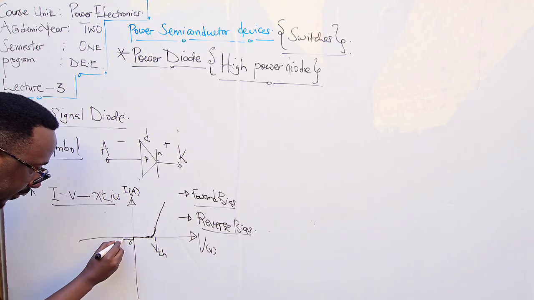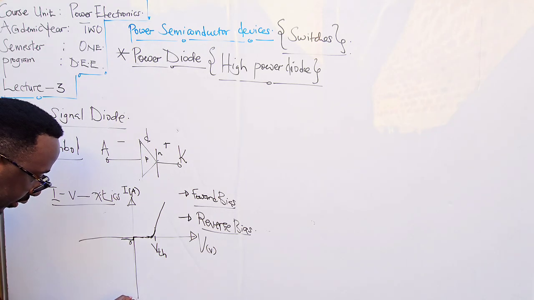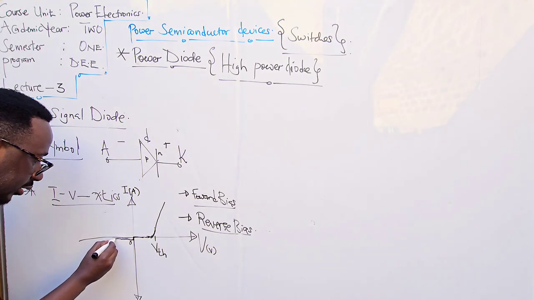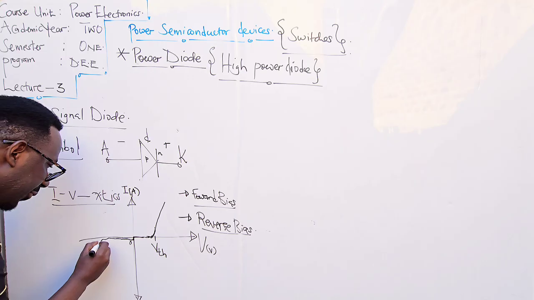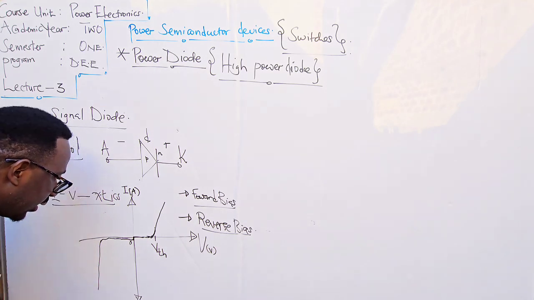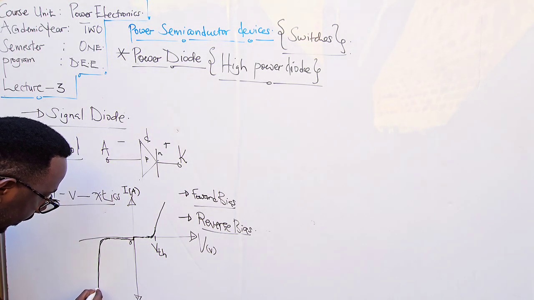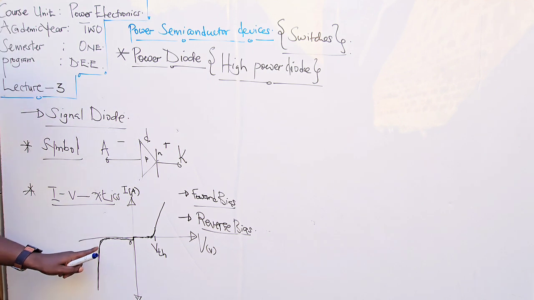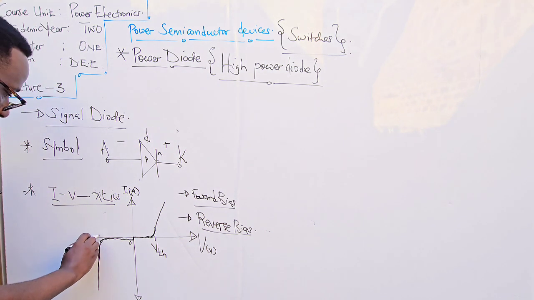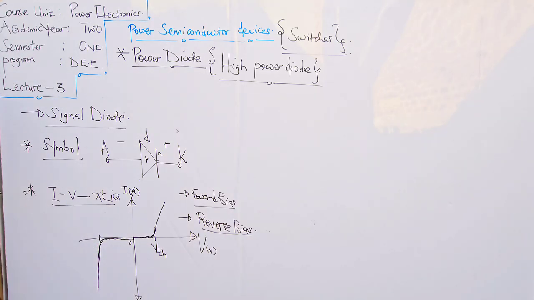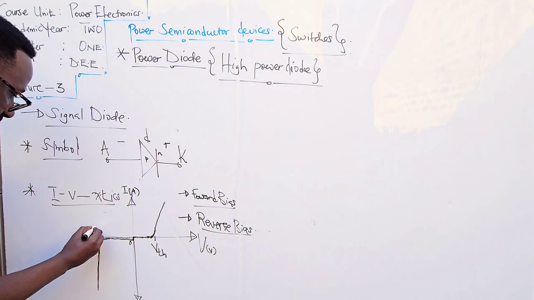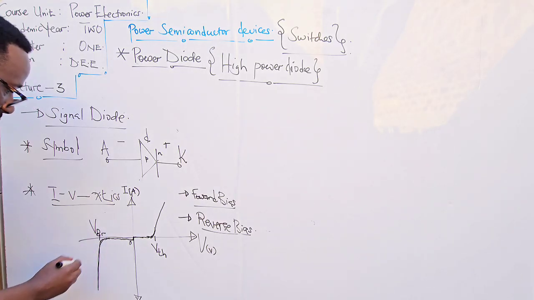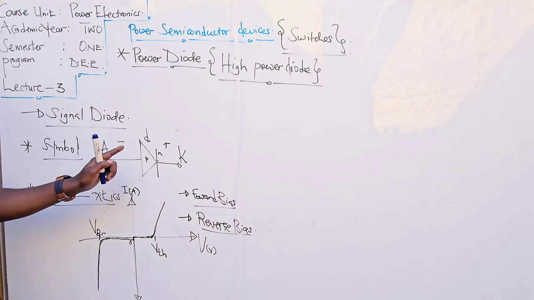We'll have some current flow, very negligible, negative current, close to zero, up to a certain point, and then we will see a huge, almost instantaneous current flow. The voltage at this point is what we call VBR, the breakdown voltage of that diode.